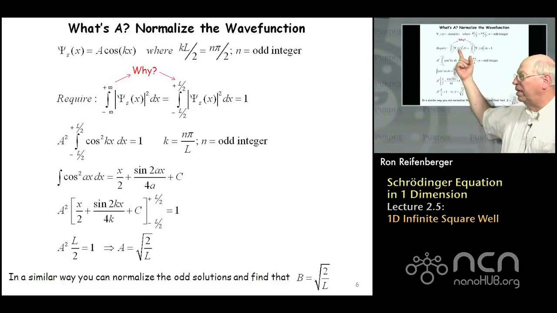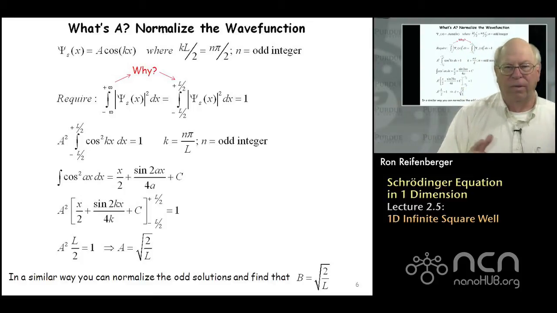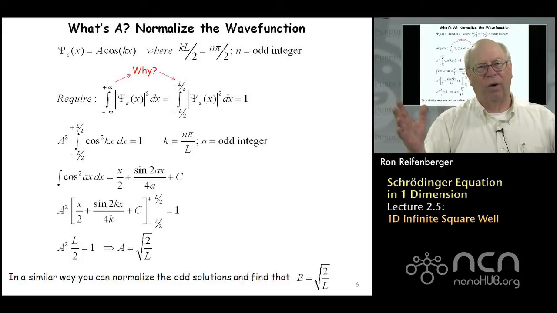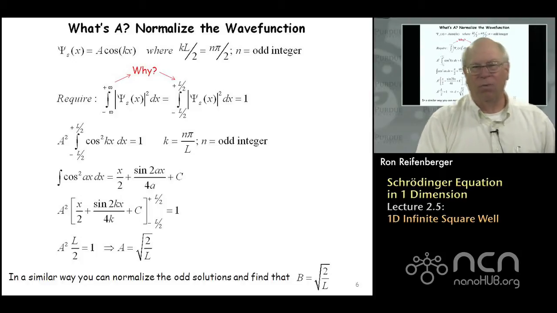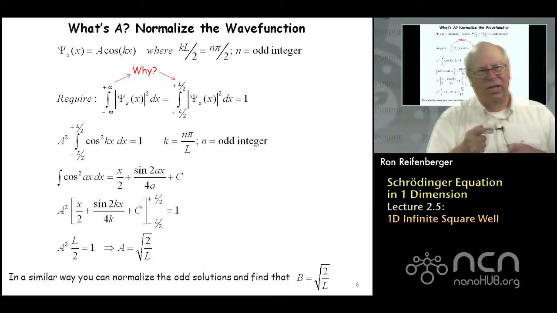That's the probability that you would find this particle at the position x within a region delta x, right? The normalization condition just states that if you integrate that wave function squared over all possible values of x, the probability that you're going to find that particle is unity, and that's why you set that normalization integral equal to 1.